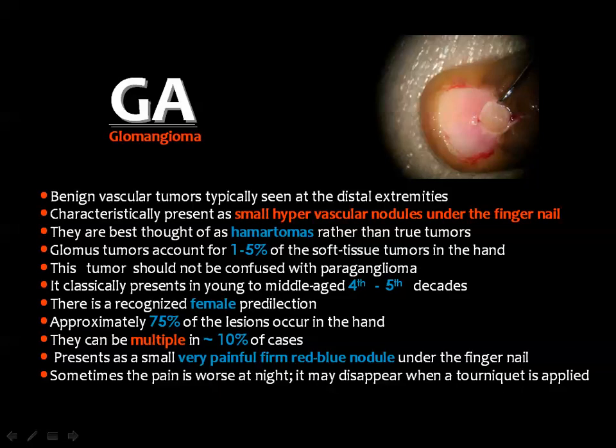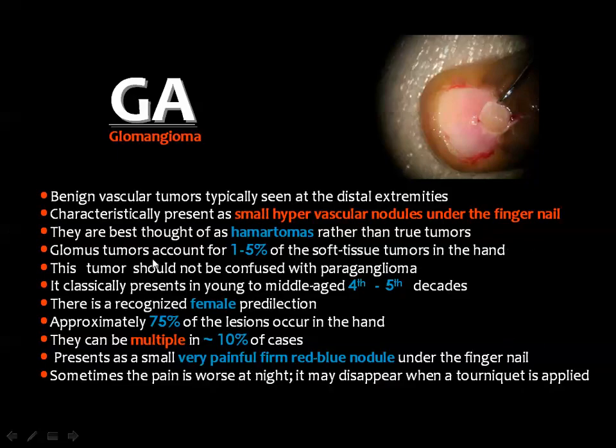Then we came to the glomus tumor, which is known as glomangioma. And this glomangioma is one of the lesions present particularly in the upper limb, especially under the fingernail. And this is a hamartoma rather than a true tumor.